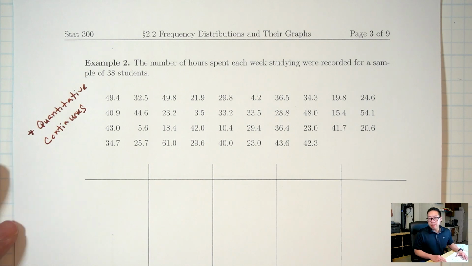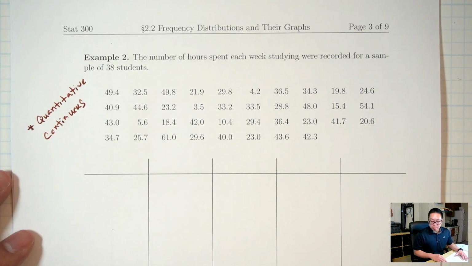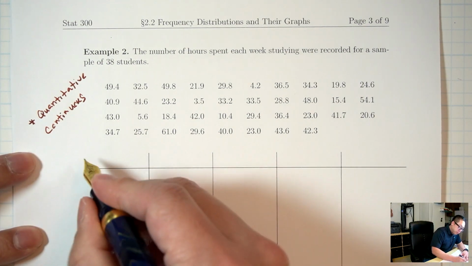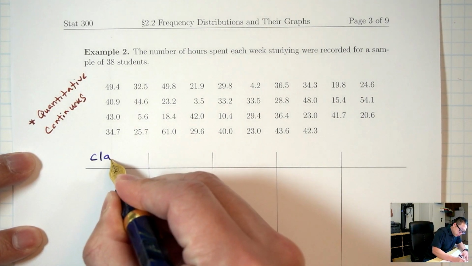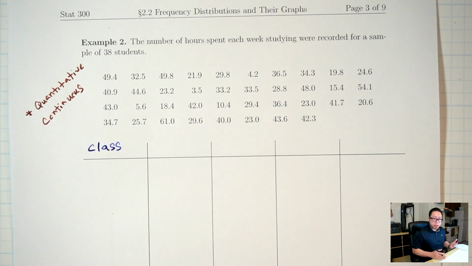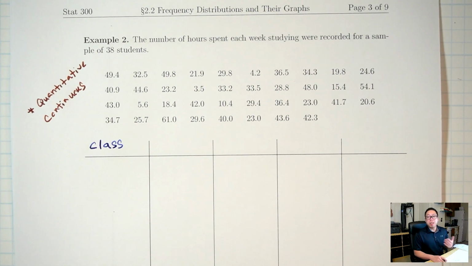You break up the data into chunks, or ranges, or classes is what it's officially called. So for the problems in this class, most of the time I'm going to tell you how to break up the data into ranges. In real life, you're just going to pick yourself.